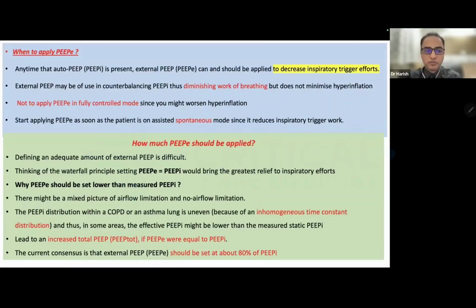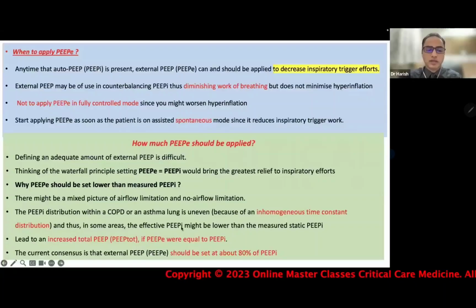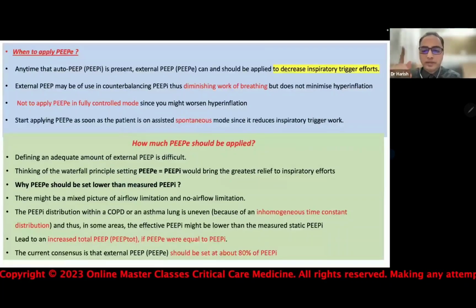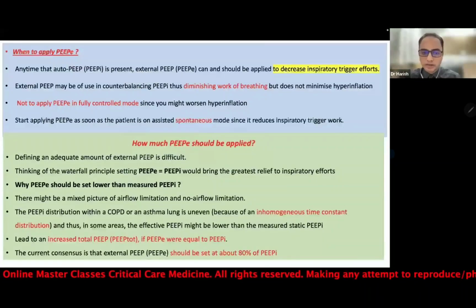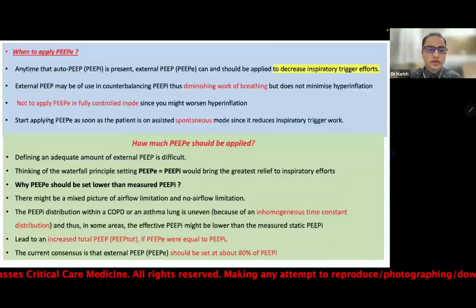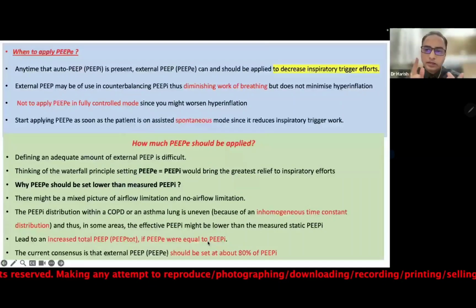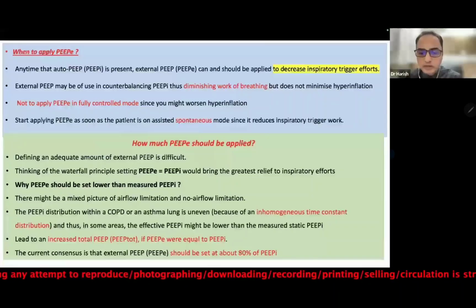In COPD or asthma, the distribution within the lung is uneven because of inhomogeneous time constant distribution. Thus in some areas effective PEEP might be lower than the measured static PEEP, which leads to an increased total PEEP. So that's why we don't apply extrinsic PEEP equivalent to the intrinsic PEEP.